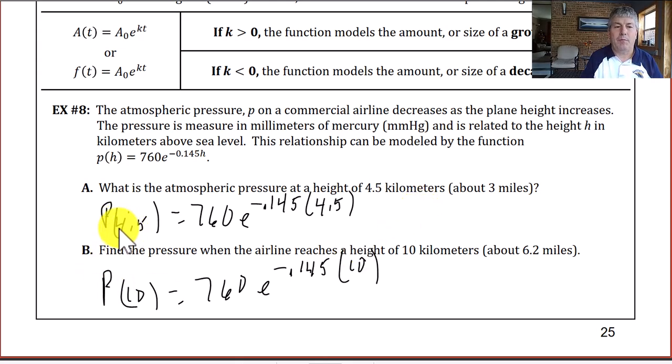So we're going to find P of 4.5. We'll plug that in for H, and we'll just put that into our calculator. Question B asks the same thing, but with an input of 10 kilometers, or 6.2 miles.